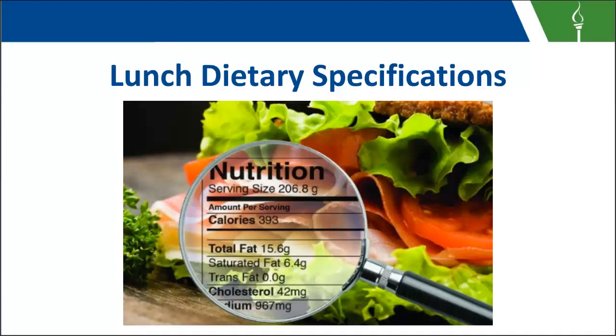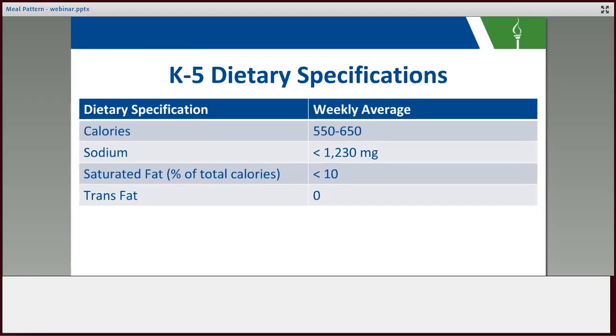So in addition to the component requirements, we also have dietary specifications that we have to follow as well. For grades K through 5, your dietary specifications need to be as follows. You need to have your weekly average meal pattern calories fall between 550 to 650 calories.